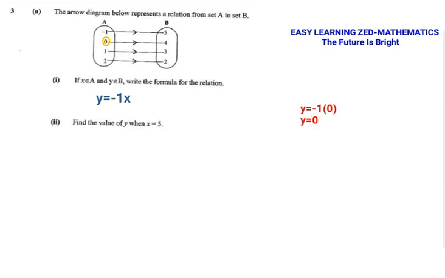Now let's go to the 0 I circled earlier on. What is the number it is mapped to? 0 is mapped into 4. So what is happening if -1x gives us 0, but when you put 0 it gives you an answer which is 4? What can we do to 0 for us to get 4?